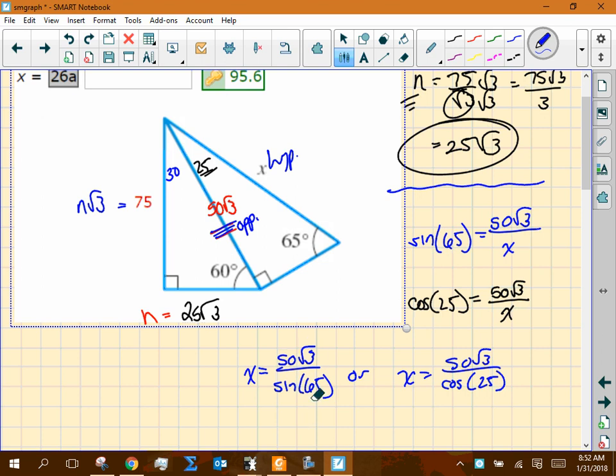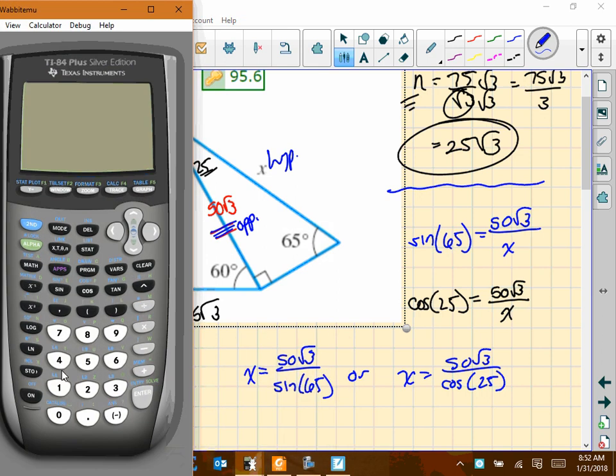So these are the exact values because there's been absolutely no rounding taking place. But to get the 95.6 that they're looking for here, I'm going to type one of those in: 50 root 3 divided by sine of 65.